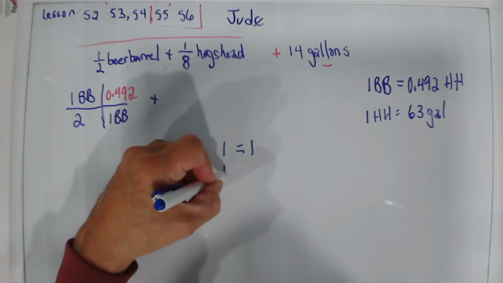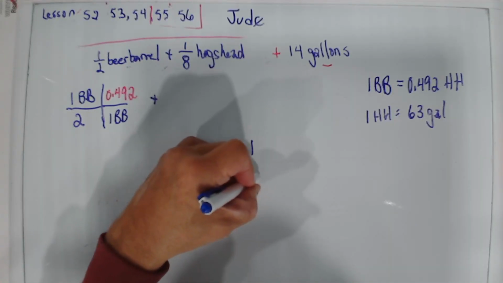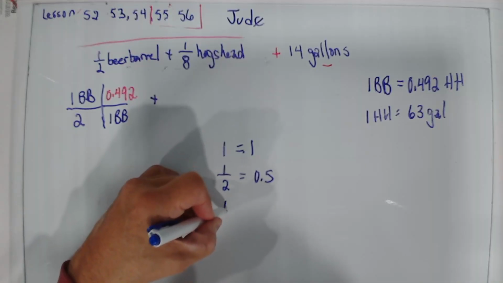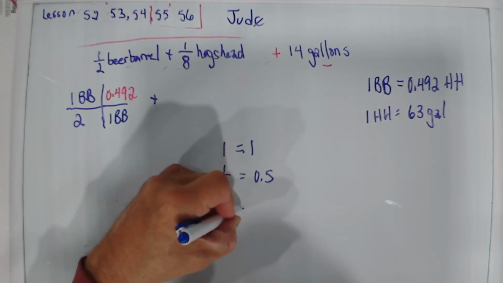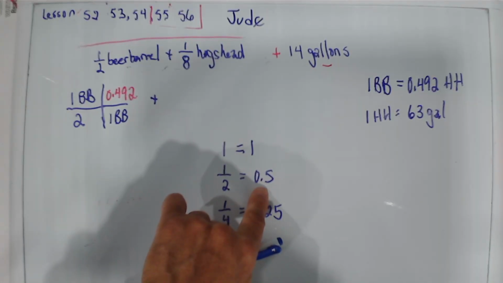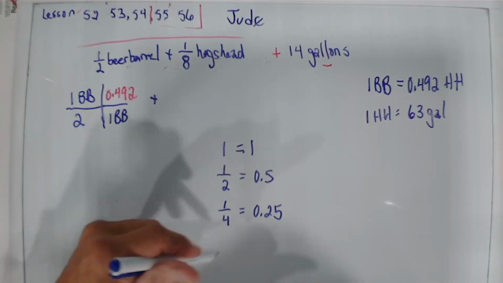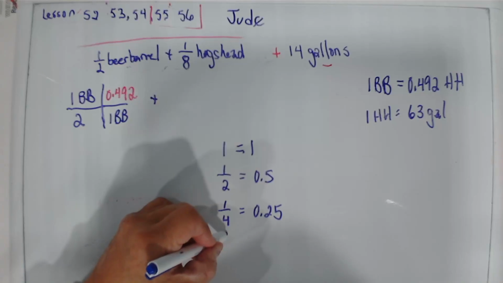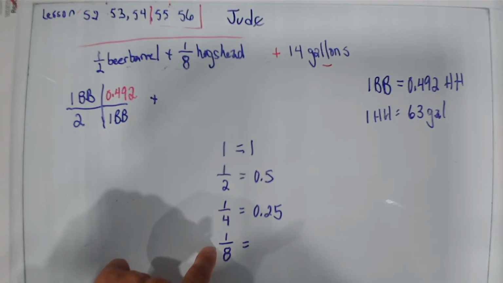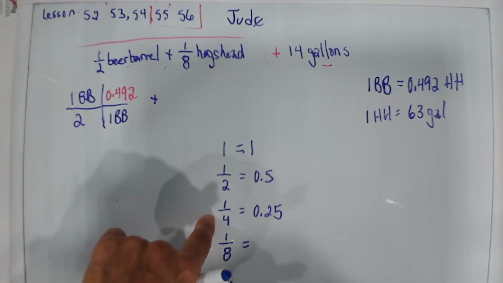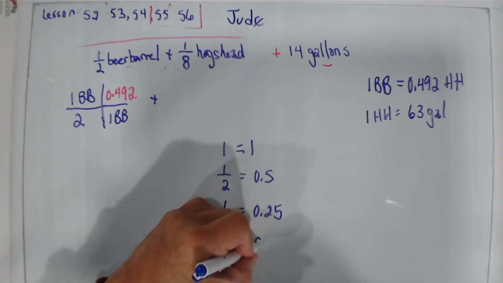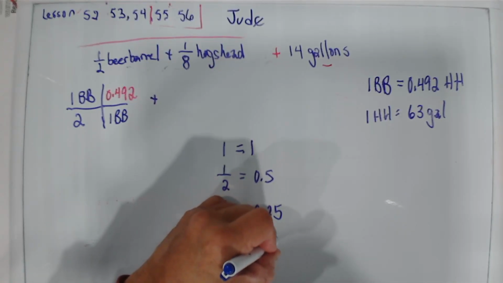If I take that in half, 1/2 is 0.5. If I take half of half, I get 1/4, and that's 0.25, because I take the 0.5 and divide it by 2, I get 0.25. And if I take 1/4 and I divide it by 2 again, I get 1/8, right? Half of 1/4 is 1/8, and half of 0.25 is going to be 0.125.